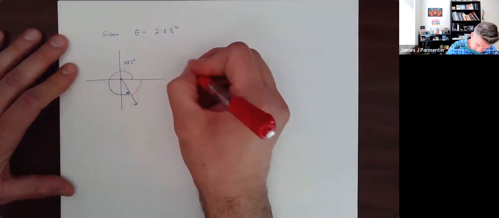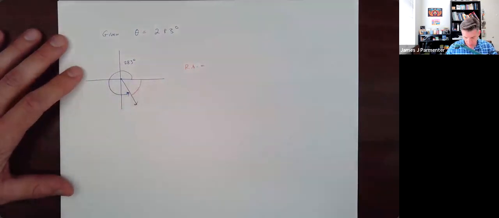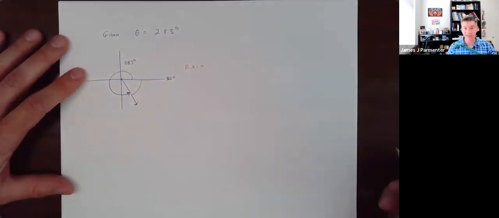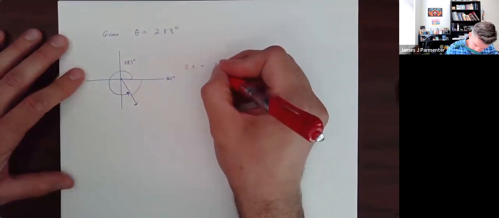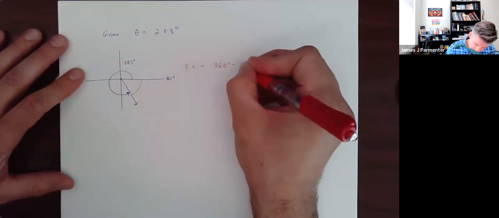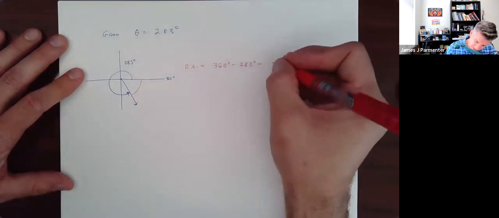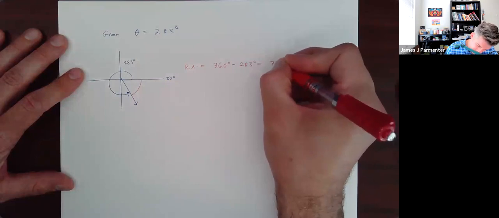So our reference angle is going to equal, well, I need the difference between 360 degrees and 283 degrees. Reference angle is going to equal 360 degrees minus 283 degrees, which is 60 plus 17, so it's going to be 77 degrees.